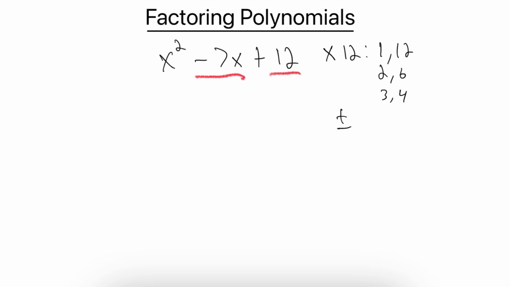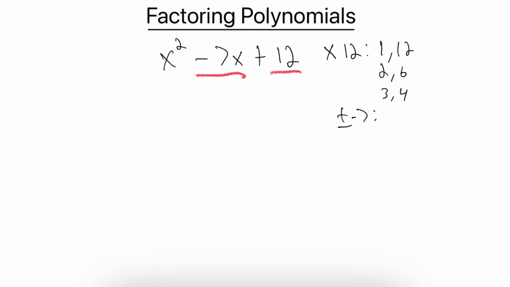And for add or subtraction for 7, 3 and 4 equals 7. So how do we get negative 7? Being negative 4 minus 3. So our answer is going to be x minus 3, x minus 4.